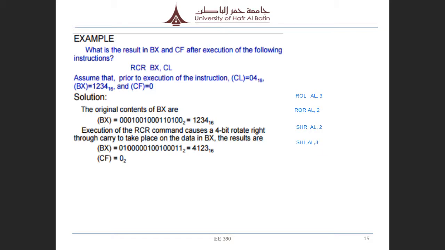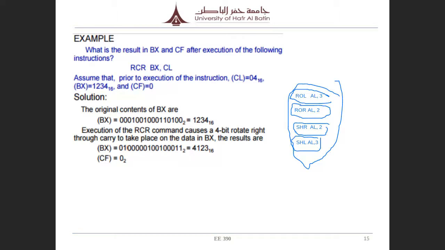Okay, here you can see the example: if we have an 8-bit register, if it is rotate left AL comma 3, what will be the change? So rotate left, rotate right, just understand the basic operation, and shift right, shift left.